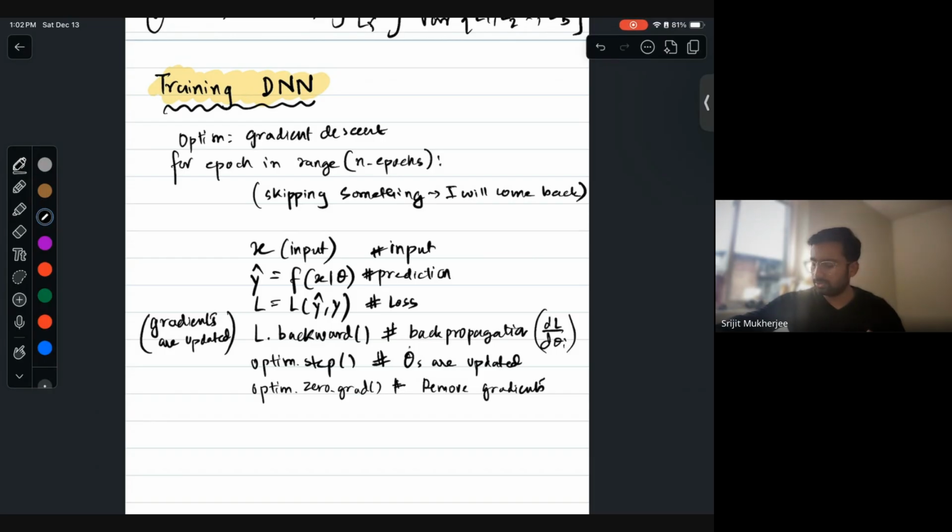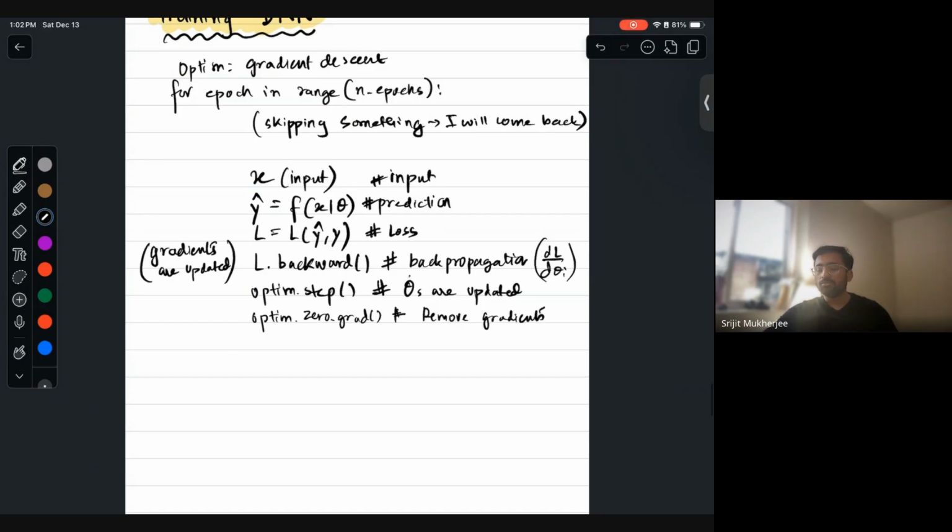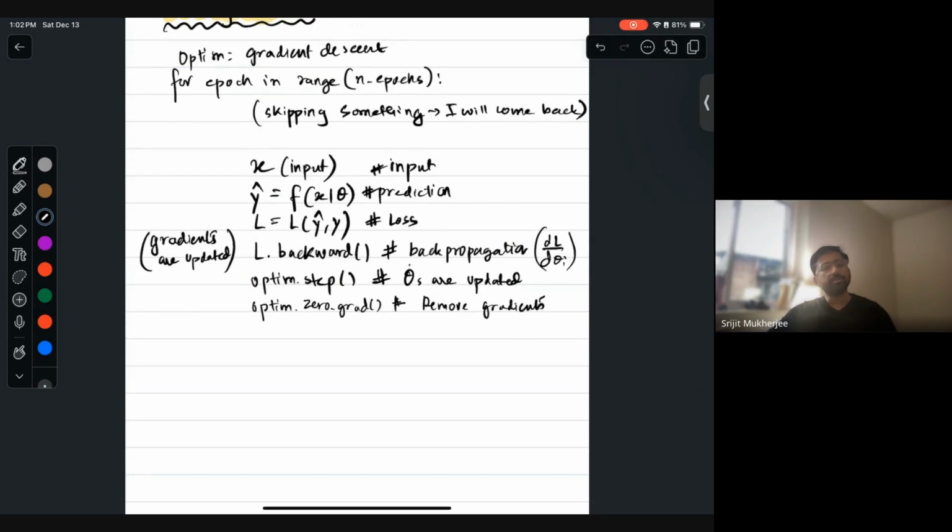Let me just check if it's optim.zero_grad. Yes. So the gradients are reset because you have updated. So this is the basic idea, and then this happens for every epoch.